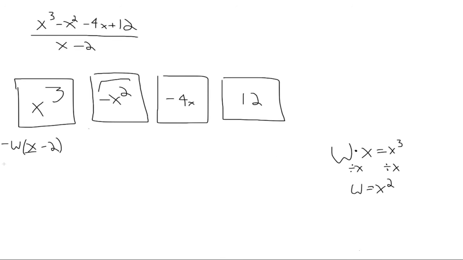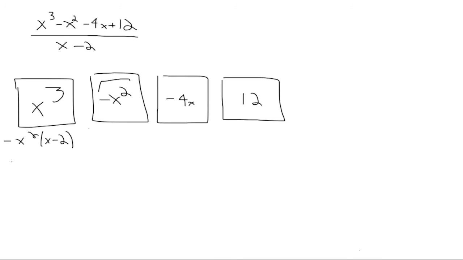So that means that, in other words, if w is equal to x squared, we're subtracting x squared times x minus 2. Okay? So we're subtracting x cubed minus 2x squared.